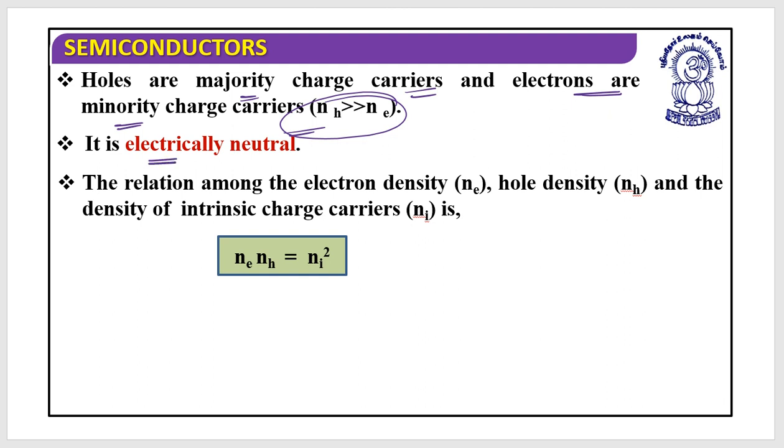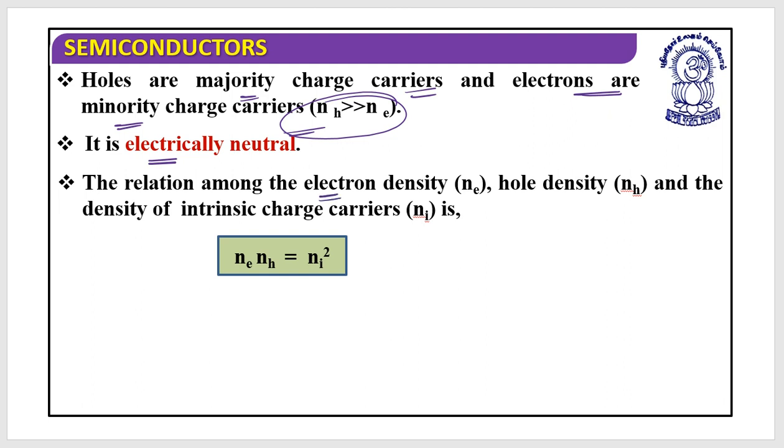And always understand that this is electrically neutral, not positively charged, because whatever number of holes has been created is because of a deficiency of electrons, and those electrons are already in the conduction band. So this is not positively charged, it is always electrically neutral.